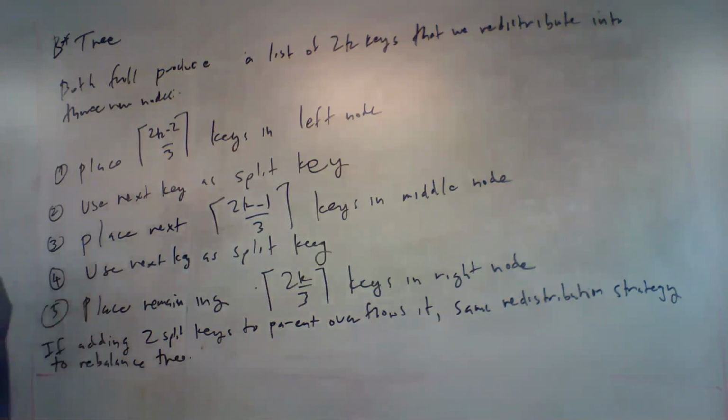Okay, and of course it's possible that you'll split all the way up to the root, which overflows, and when that happens, you're going to promote up a key or keys, split keys, so that you're going to create a new root node. All right, which is fine. That's just increasing the height of the tree by 1. Okay.